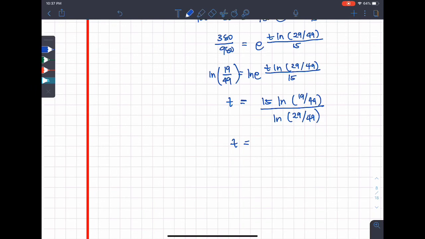That is 15 ln of 19 over 49, and then divided by ln of 29 over 49.